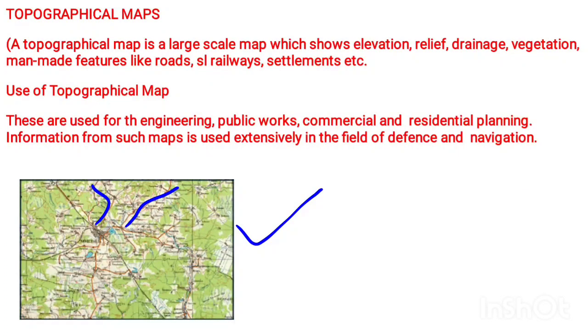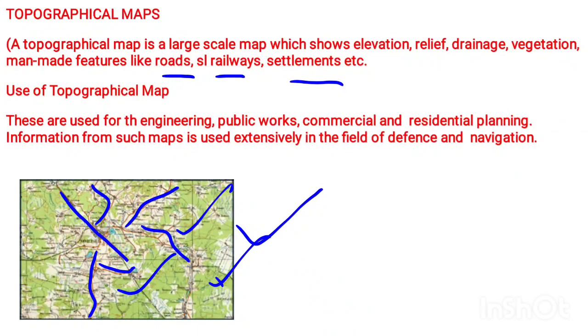The blue or sky color mark indicates the drainage, and vegetation is green shaded. Man-made features, railways, roads, and settlements are all denoted in red color. This line indicates the roads, this line is railways, and there are settlements also.